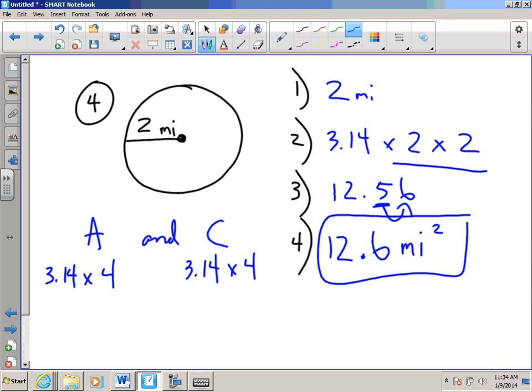Its area is the same as its C. Area is the same as its circumference. The area that it takes up is the same as the distance around.